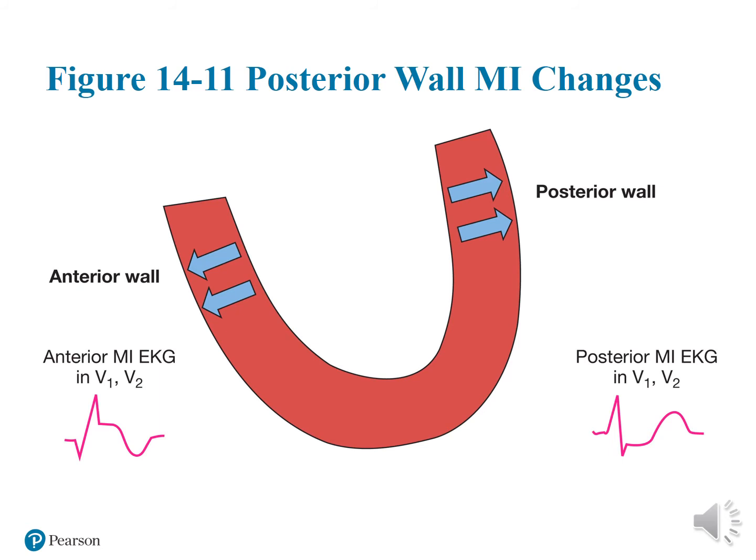The posterior wall MI changes. This is what we'll see in V1 and V2 if the MI is in the anterior, and this is what we'll see in V1 and V2 if it's in the posterior.